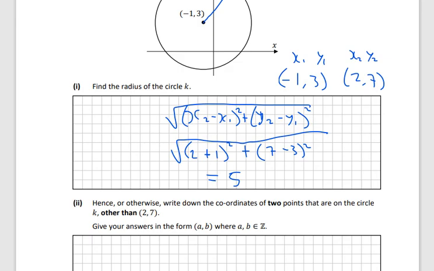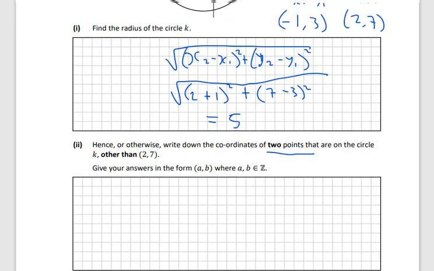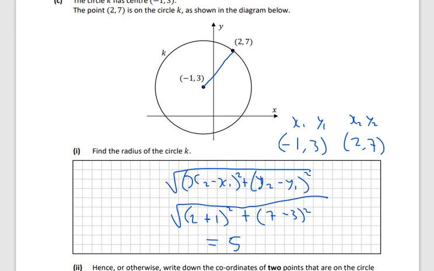Hence, or otherwise, write down the coordinates of 2 points that are on the circle K other than (2, 7). Right, well, if we know that the radius of the circle is 5, that means that if you just go directly up 5, you have to get to another point that is on the circle.